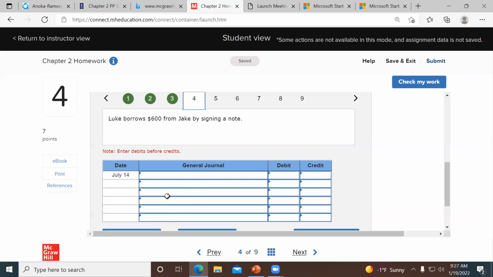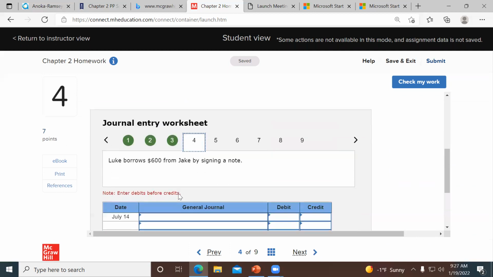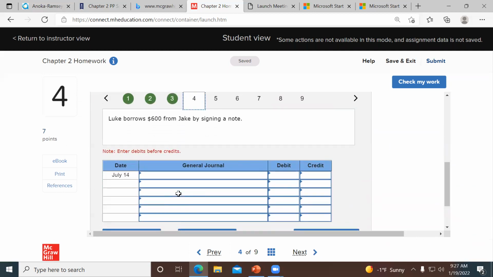Luke borrows $600 from Jake by signing a note. And we are recording them for Jake's lawn shop, okay? If Luke borrowed $600 from Jake by signing a note, what happened here? Notes receivable, right? Because Jake is the one lending the money.